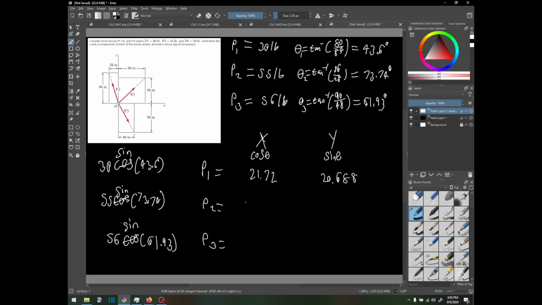And 55 cosine 73.74 is going to be 15.399, and the sine of that is going to be 52.800, and then lastly 56 cosine 61.93 is 26.350, and the sine of this is 49.412.